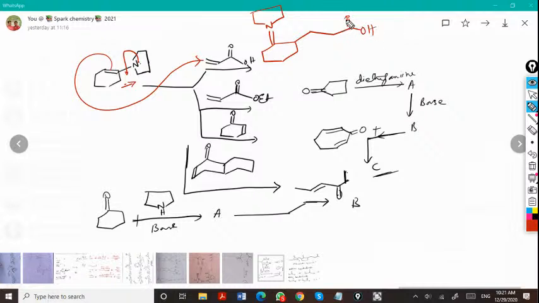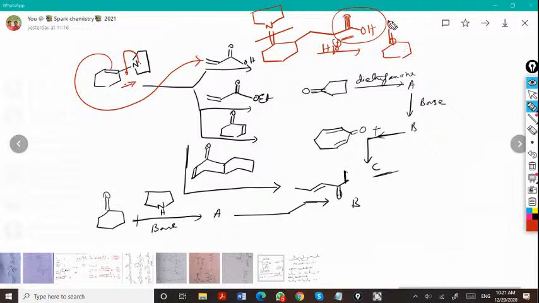So keto form and enol form. After that, saturated ketones. The carboxylic acid will be as such, without any disturbance. Once I go for hydrolysis, it is going to give the carbonyl system.